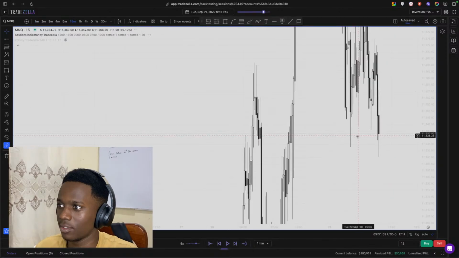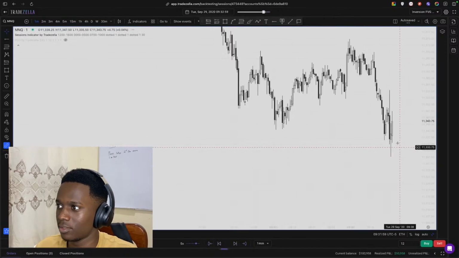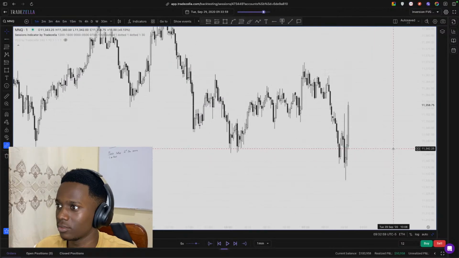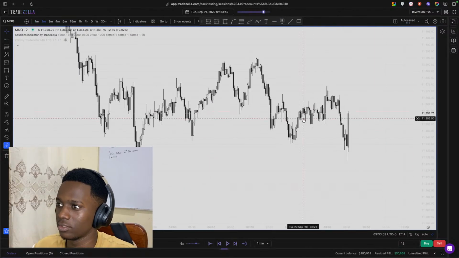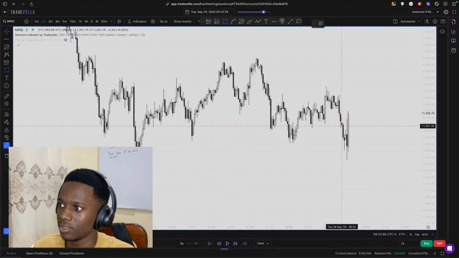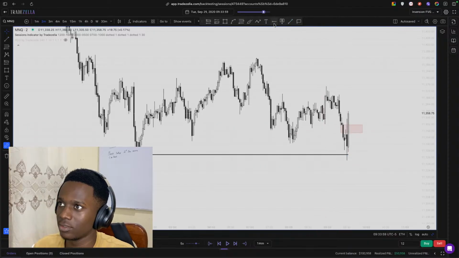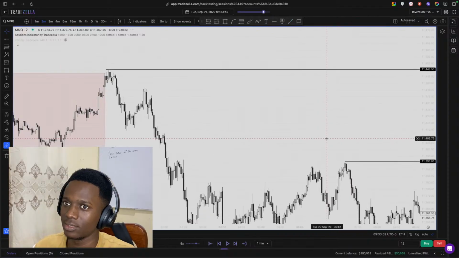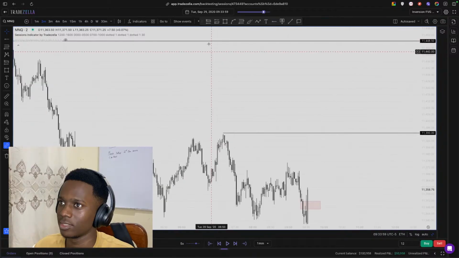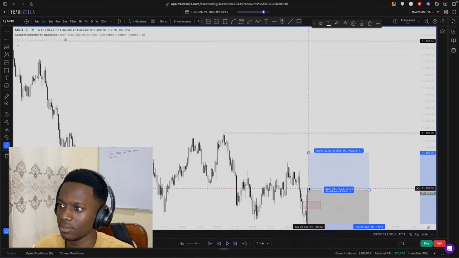Okay, 9:30 open, run lower, and then 2-minute inversion right there. After the run here, we have some good highs here and the Asia highs.